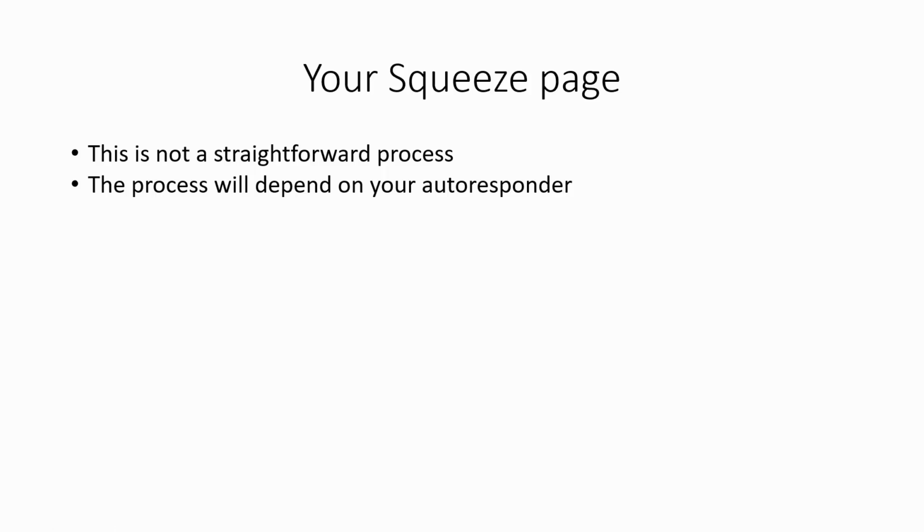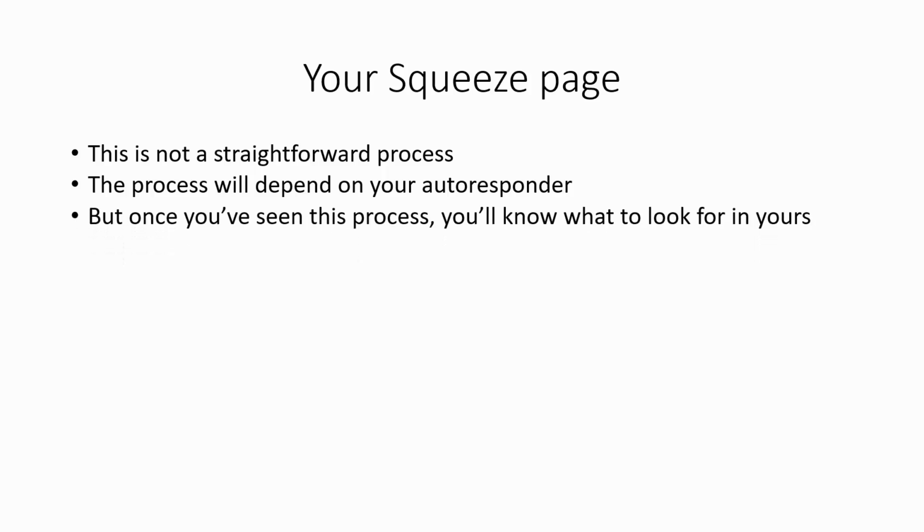If you have Aweber, this is going to look slightly different. If you have Constant Contact, or one of the other ones, it's going to look slightly different. But the good thing about this is that once you've seen this process, you'll know what to look for in your individual autoresponder. And obviously, if you have GetResponse, you'll be able to do this right off the bat.